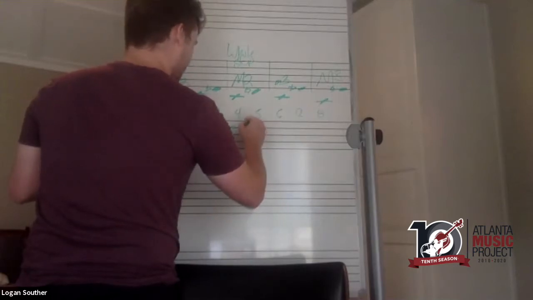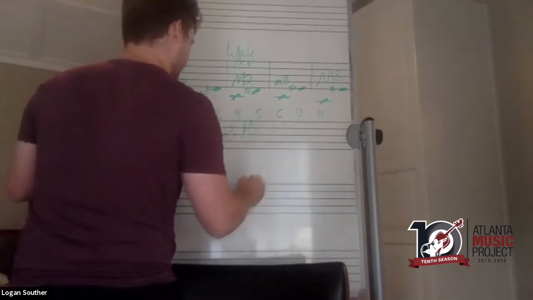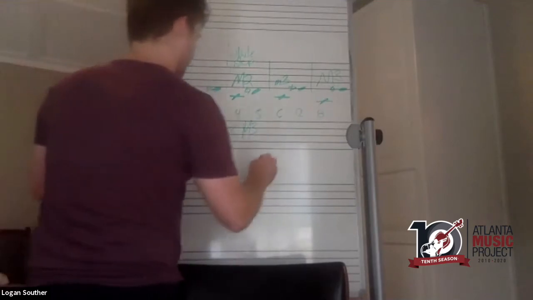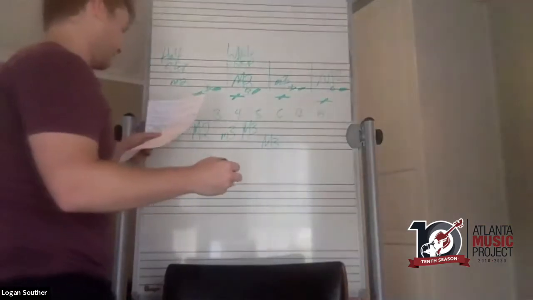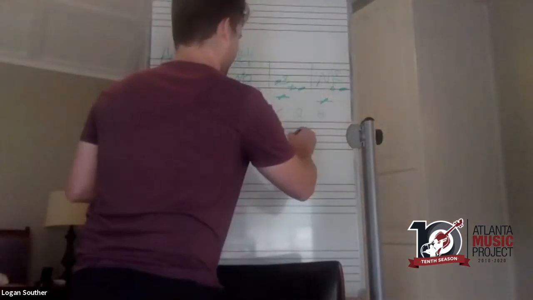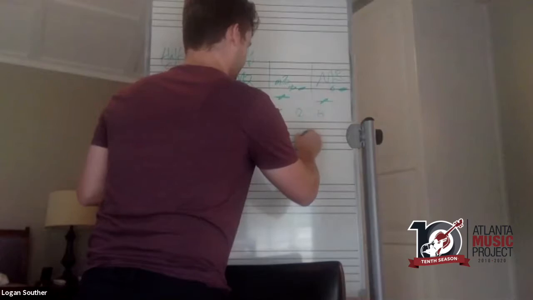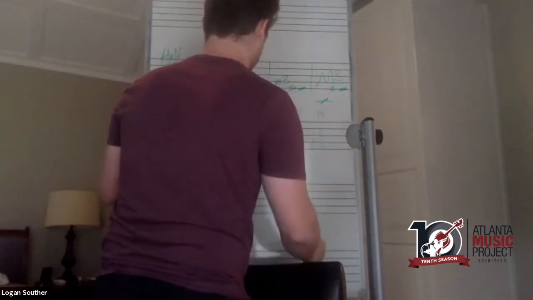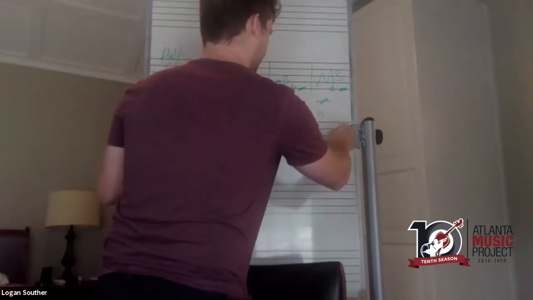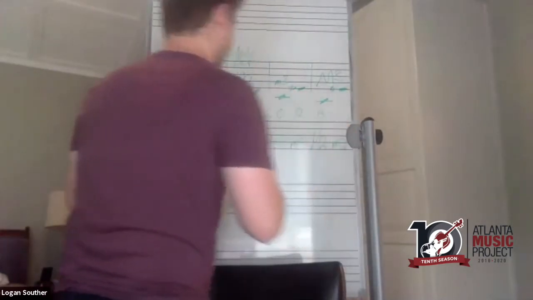Number 4 was a major third. Number 5 was a major third. Number 6 was a minor third. Number 7 was a major second. And number 8 was a minor second.